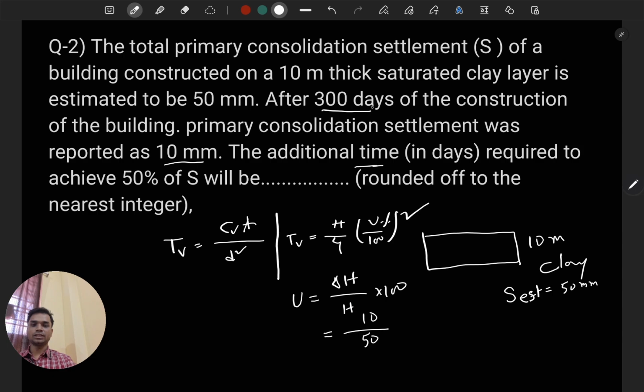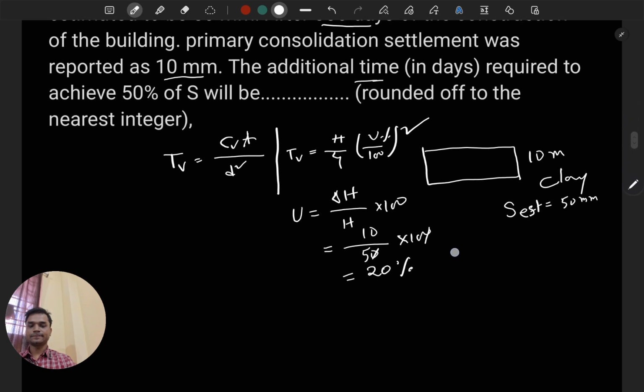For the 300 days, the reported settlement is 10, so the change in settlement is 10 mm, but the estimated is 50. Consolidated settlement is 50, so it's 10 by 50 into 100, which becomes 20, meaning 20%.